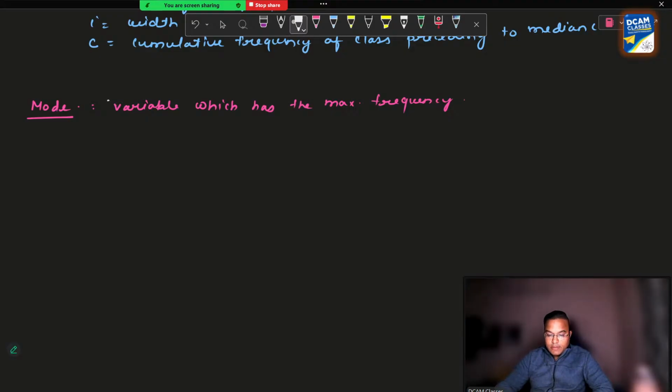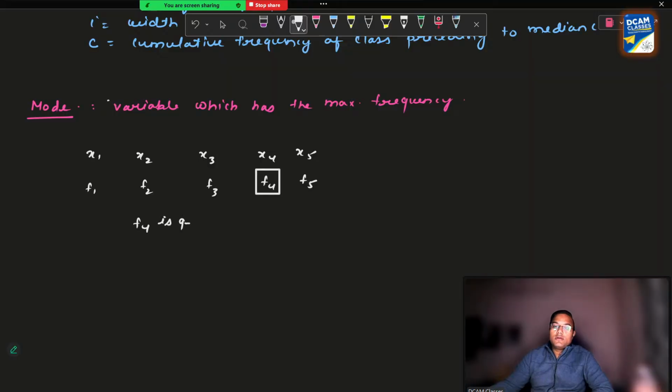Let me give you an example. Suppose you have x1, x2, x3, x4 and x5. The frequencies are given f1, f2, f3, f4 and f5. And suppose the maximum frequency is f4, which means f4 is the greatest of all.